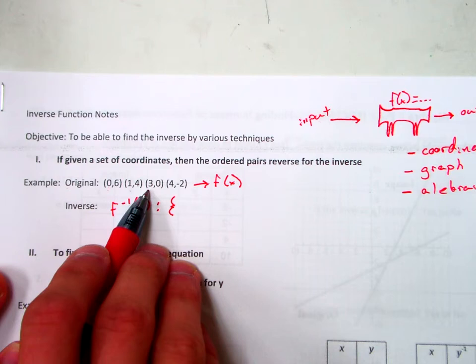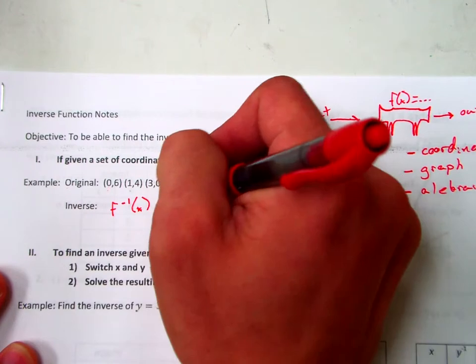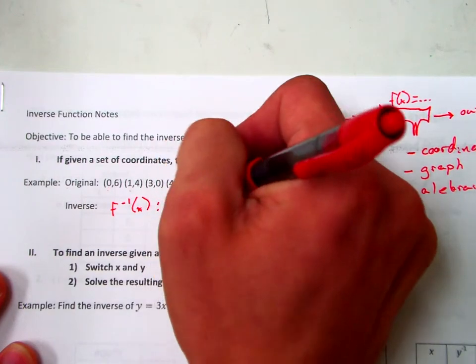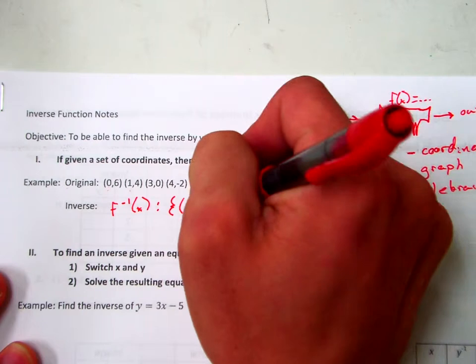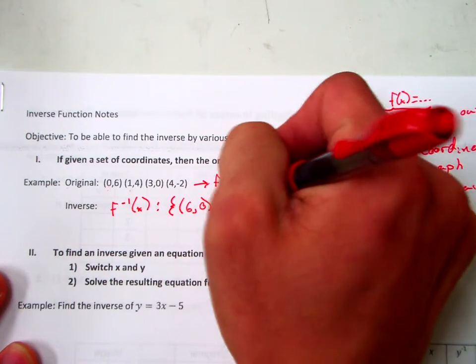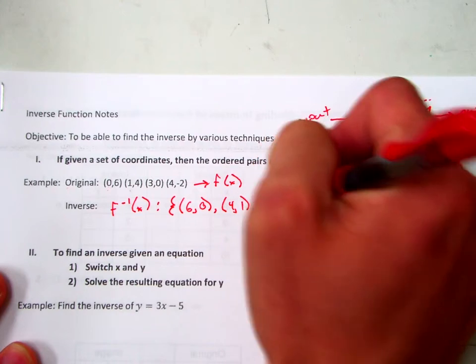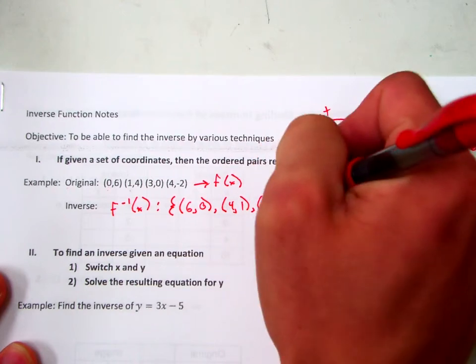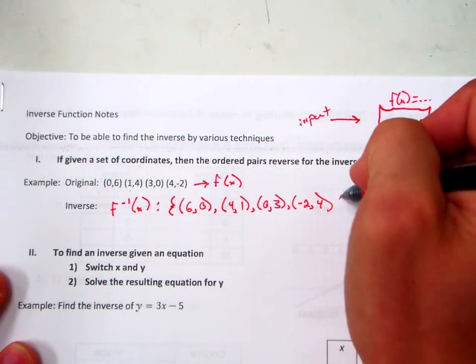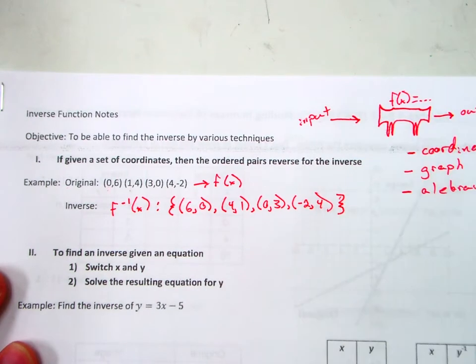So here's the inverse. I'm going to write it down real quick. I know my hand gets in the way, and I know sometimes these videos are jumpy, so I'm just going to go ahead and write it down and then move my hand out of the way. So that's the inverse, though. Then I need to close my set off. That's the inverse.